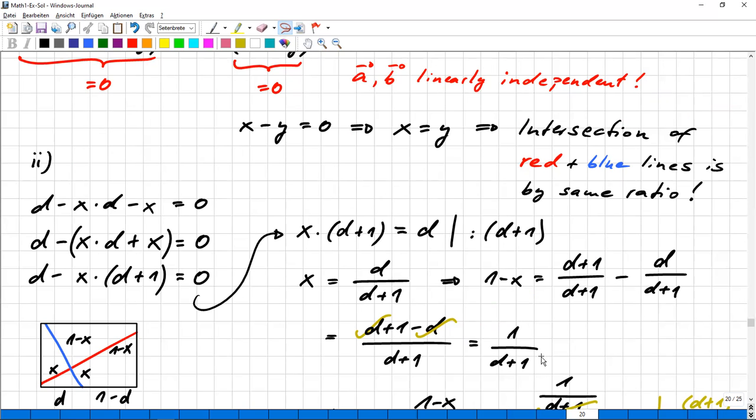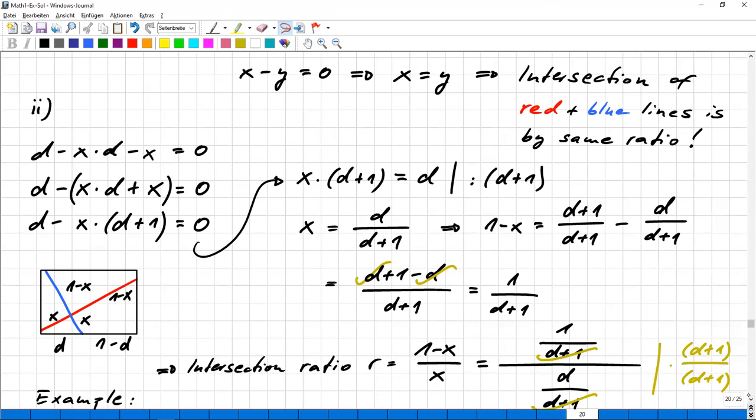What have I reached now? I have proven that X is this expression, if I express it by D, and the other portion, 1 minus X, is this one. So the question was about the intersection ratio R, which is defined as X in relation to 1 minus X. Also here, now I replaced Y by X because we found that they are the same.